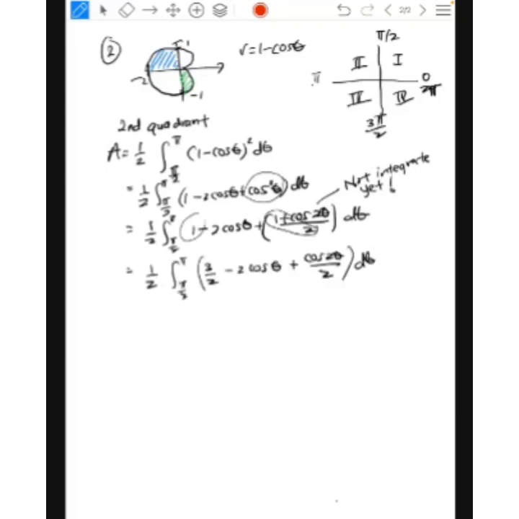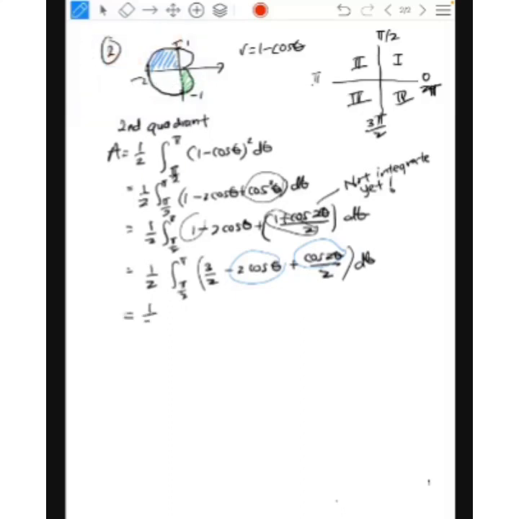So we have 3 over 2 minus 2 cos theta plus cos 2 theta over 2. So this cos theta and this cos 2 theta cannot be combined together, because one of the arguments is theta only and the other argument is 2 theta. You cannot add them, it will not suddenly become cos 3 theta. So keep it as that.